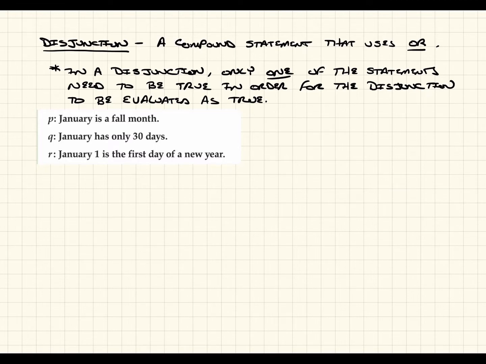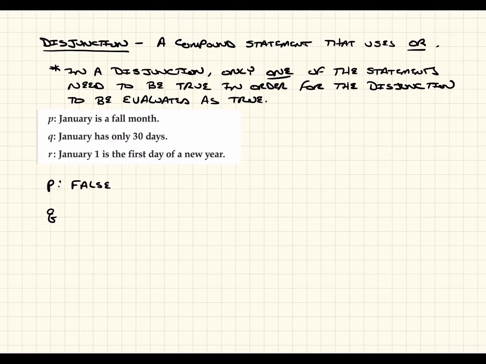The first one is statement P, January is a fall month. Now we know that January is not in the fall, it's in the winter. So that statement has a truth value of false.